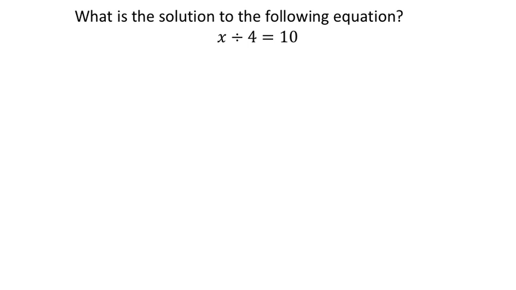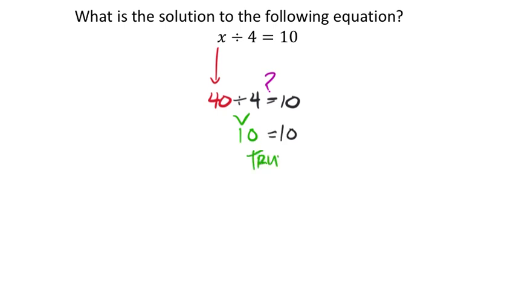Well, if you did replace this x with 40, now this is what our equation looks like, with a question mark because we replaced the value. Well, is this actually true? 40 divided by 4, last time I checked, it's 10. 10 does equal 10. That's a true statement for me. So now we know if you replace the x with 40, you get a true statement.